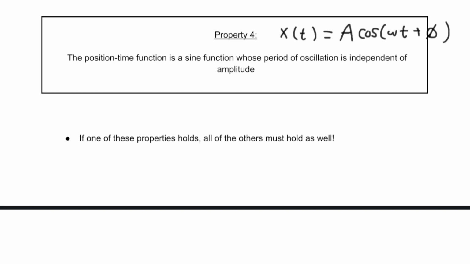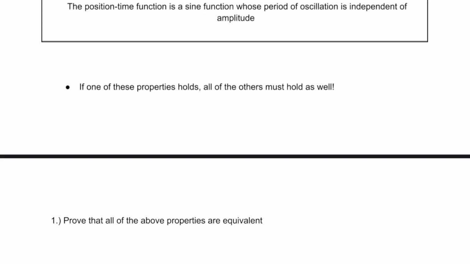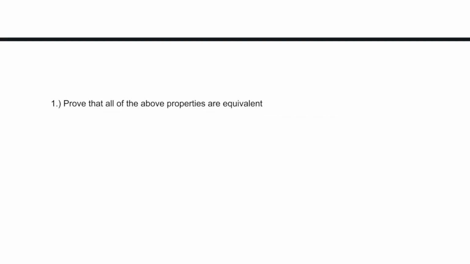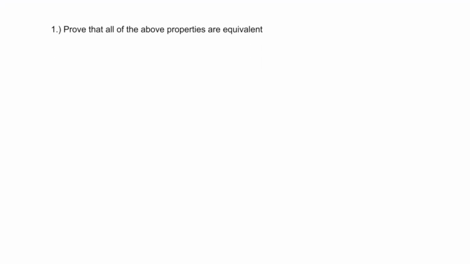And notice there's no amplitude thing happening inside of the cosine. So no matter how big A is for this function, it's not going to affect the period of oscillation, which is affected by this frequency term omega, which is a constant.